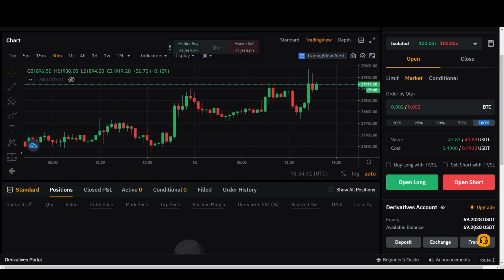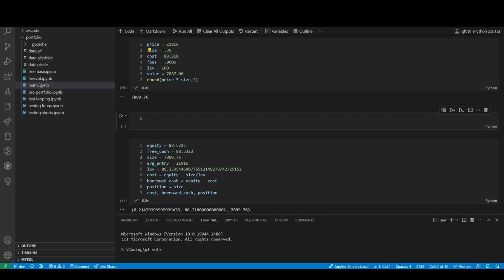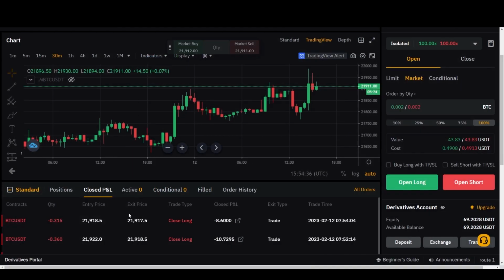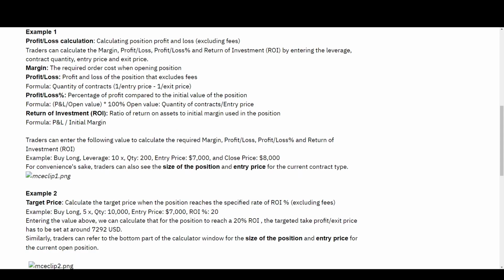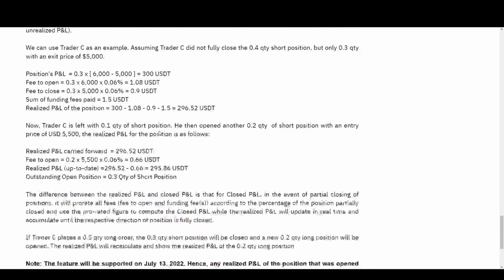I lost almost $10 again. So if we look here, we have our entry price, our exit price. Then we have to do these fees, right?